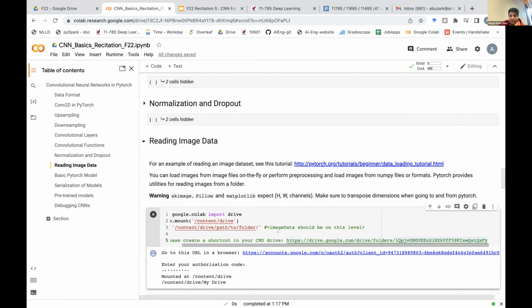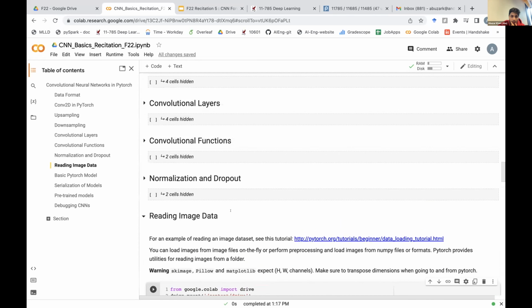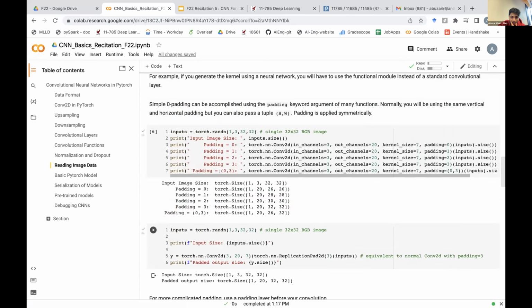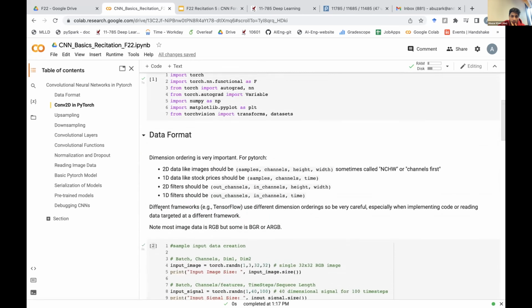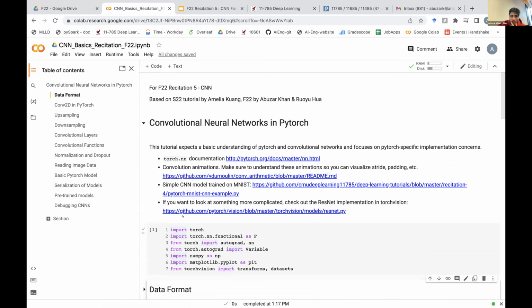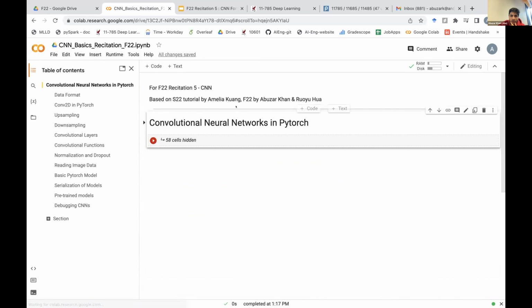But you can go ahead and add this drive folder as a shortcut anyway. Hopefully this notebook shouldn't be too hard to parse if you're going through this on your own. If it is, please feel free to shoot questions on Piazza, visit us in office hours or anything of that sort.